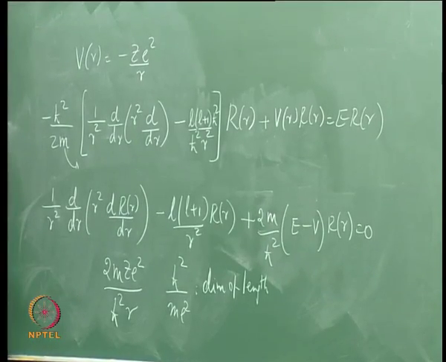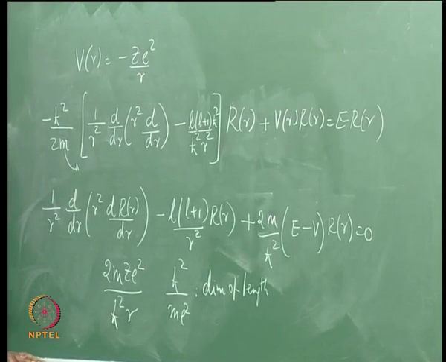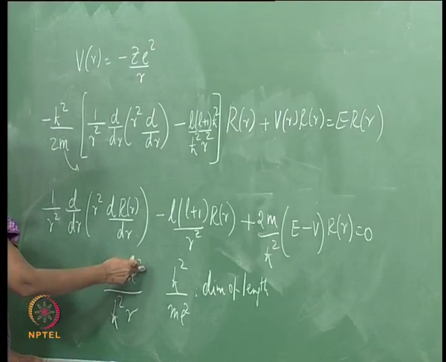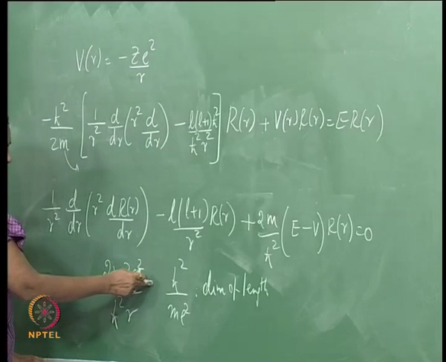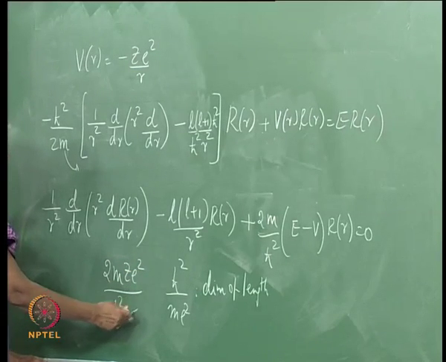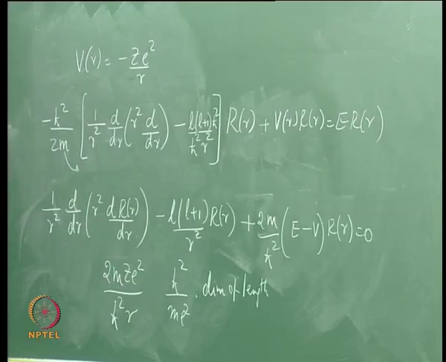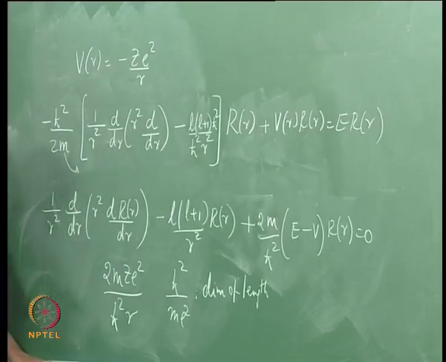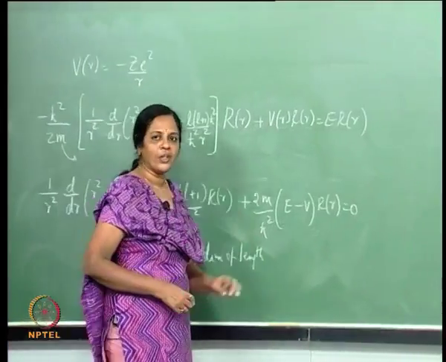That's easy to see, because h-cross has dimensions energy times time, and e squared has dimensions energy times length, because Ze squared by r has dimensions of energy, and there is a mass here. This is a very important point.